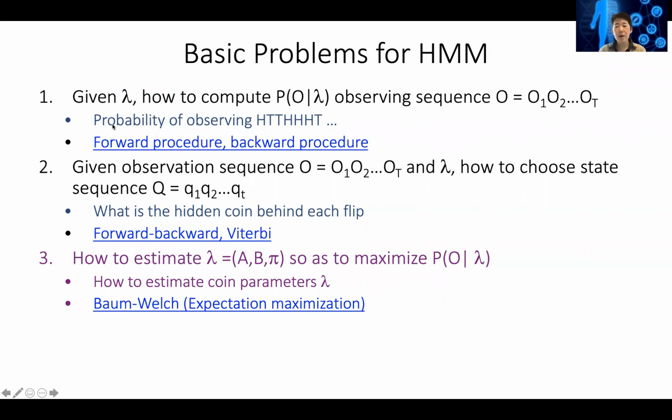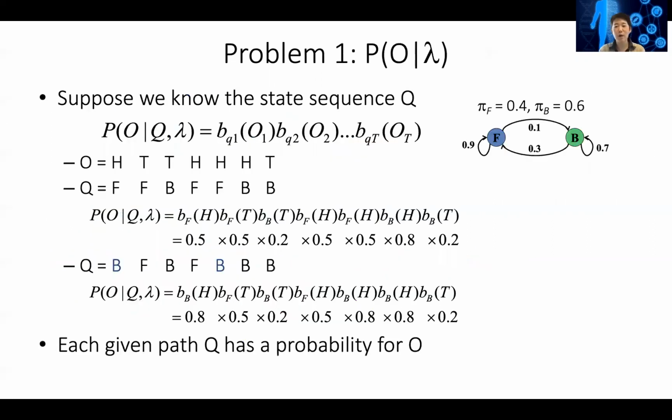For example, if we know there is a fair coin and a bias coin, and we know the initial probability, transition probability and emission probability, can we calculate the probability of seeing a string of coin flips, such as head, tail, tail, head, head, head, tail? And for that, there are two computational procedures that can achieve this answer. But first, let's think about how we want to solve this problem.